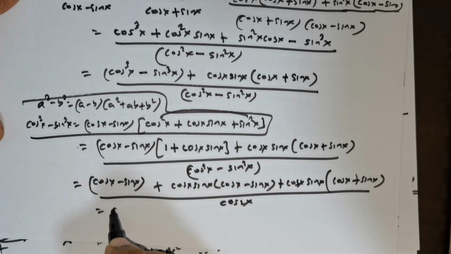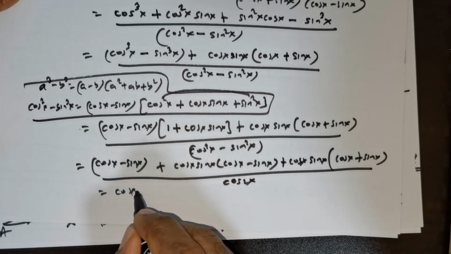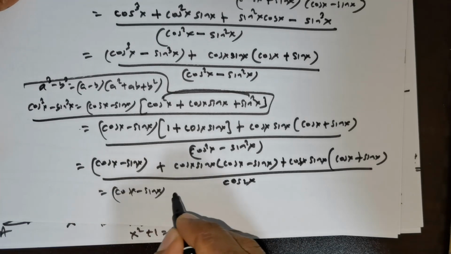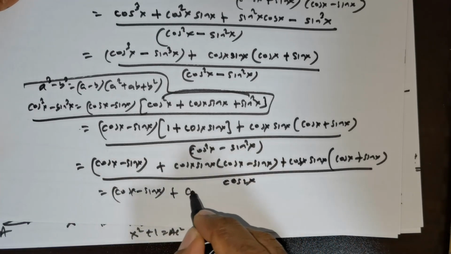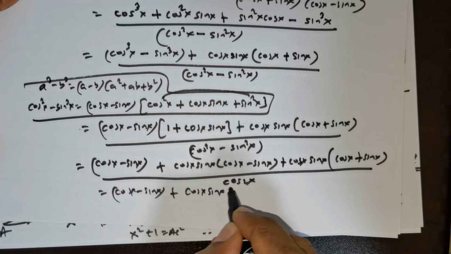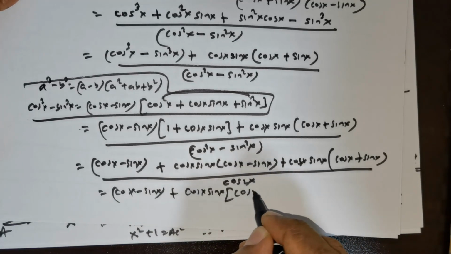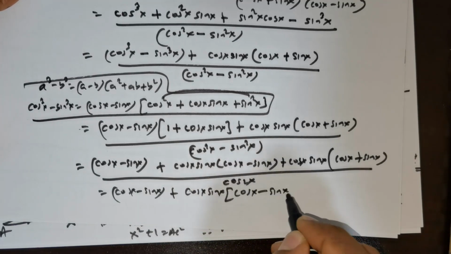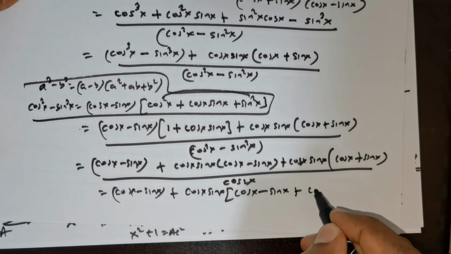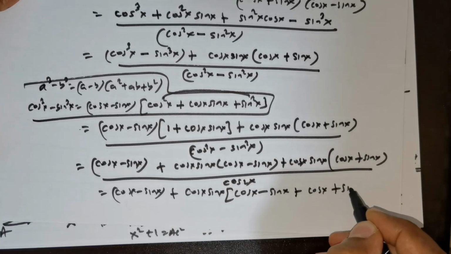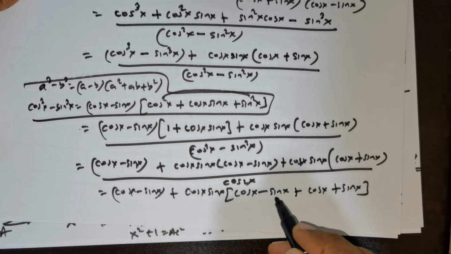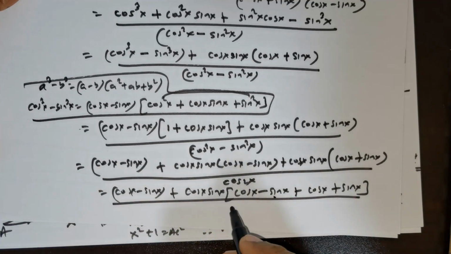Now this is equal to cos x minus sin x. Now I want to take cos x sin x out, so that is going to give me cos x minus sin x plus cos x plus sin x divided by cos 2x.